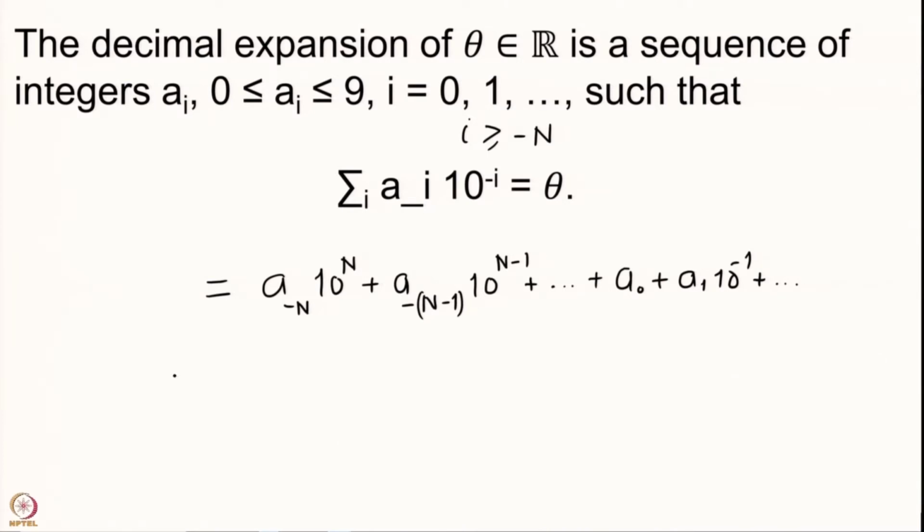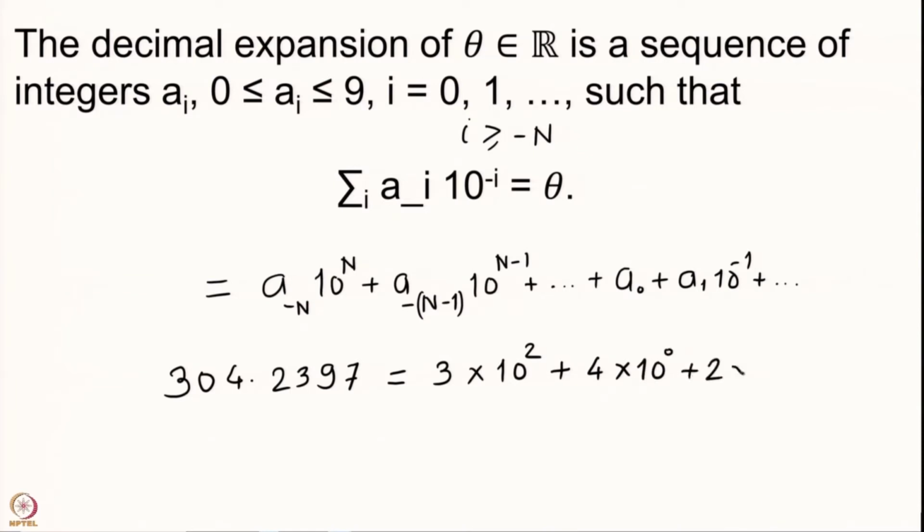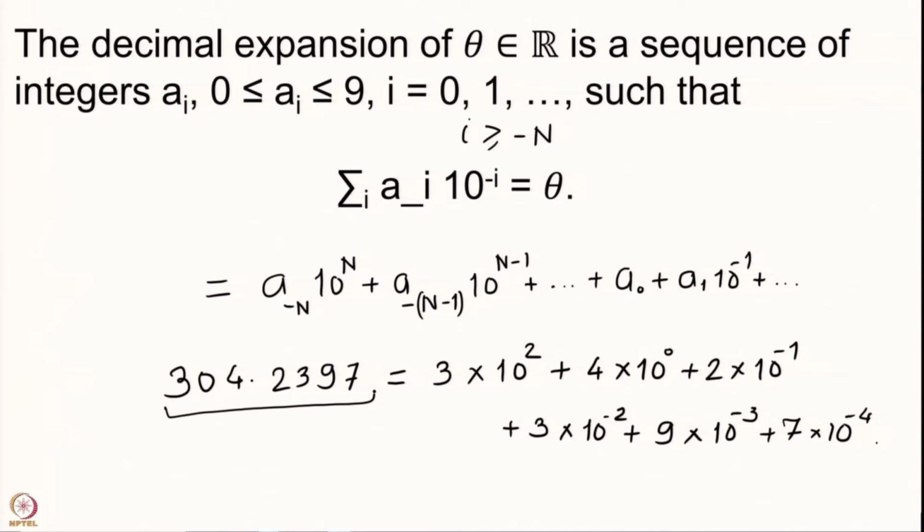So, for instance, if you have the number 304.2397, this will be 3 into 10 power 2 plus 0 into 10 power 1, so I just ignore that, plus 4 into 10 power 0 plus 2 into 10 power minus 1 plus 3 into 10 power minus 2 plus 9 into 10 power minus 3 plus 7 into 10 power minus 4, and we stop here because our number has a finite decimal expansion.